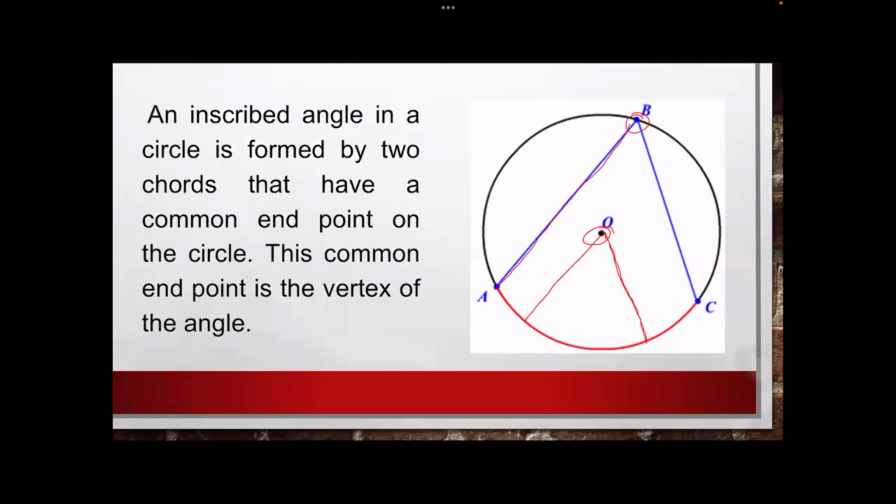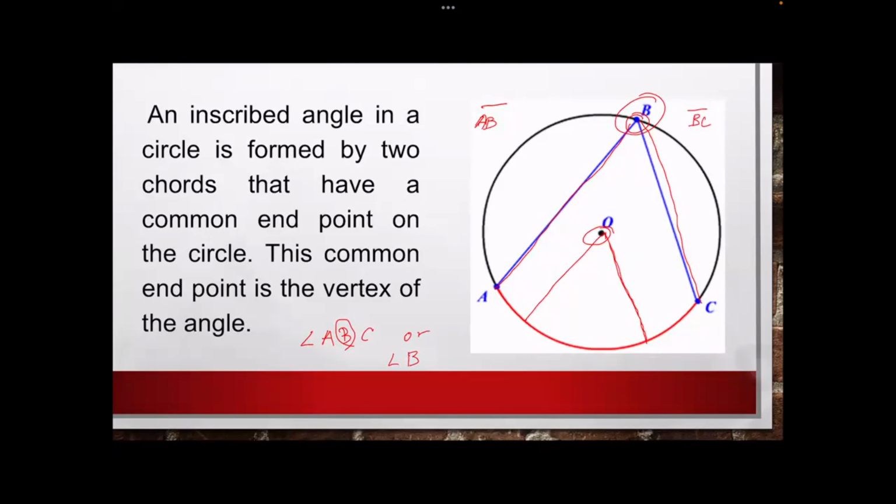So we can have the segment AB at segment BC. Then the vertex is B, and the inscribed angle na tinatawag natin dito is angle ABC. The B is the middle letter, which refers to the angle, or we can write this as angle B. Okay? So ayan po yung inscribed angle.